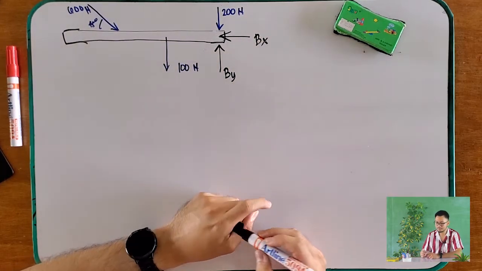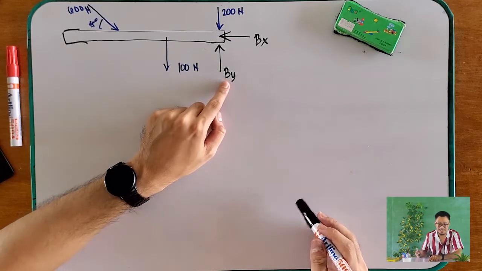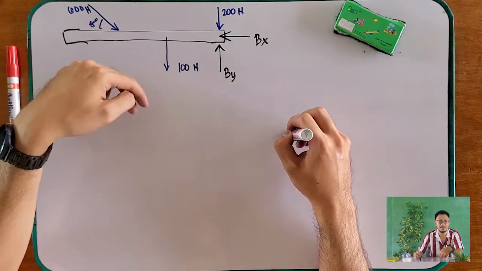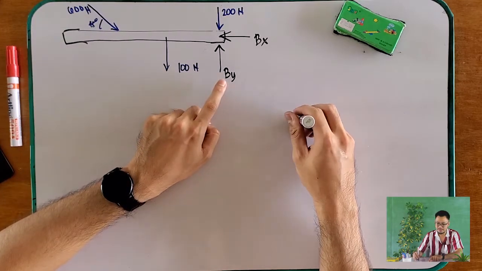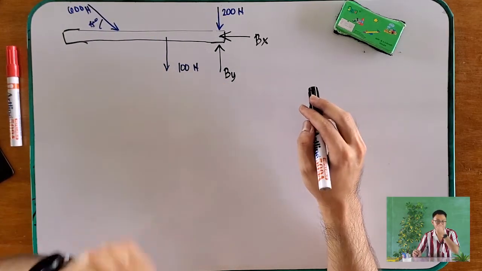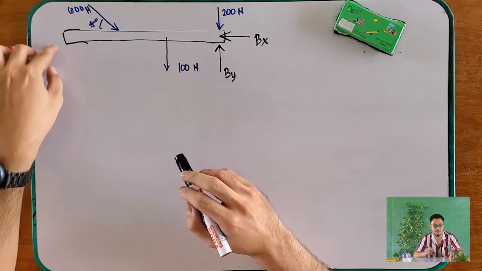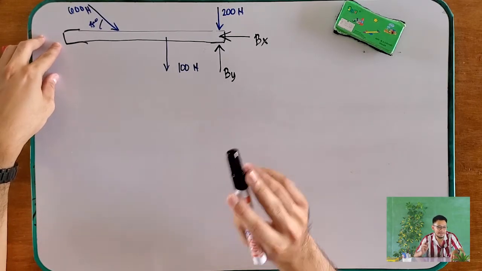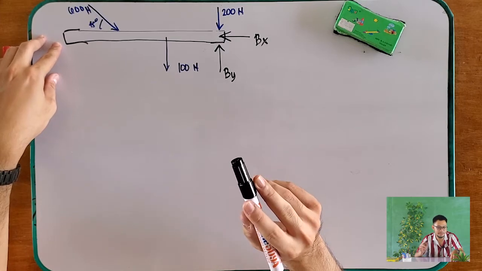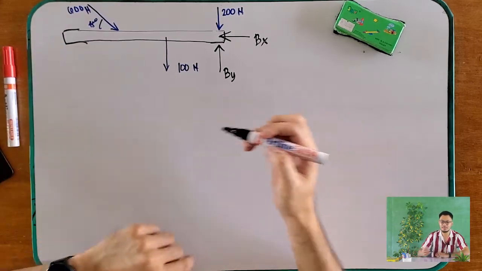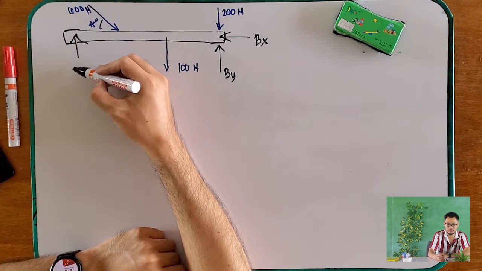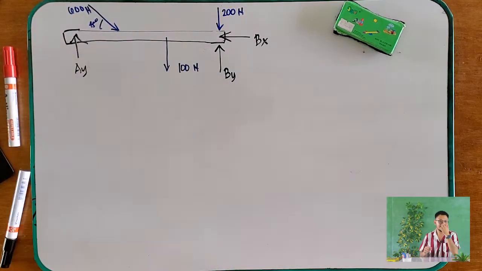The same with BY: since all your forces, 200, 100, and 600 newtons, are going down, to support them your BY should be going up. And for your rocker support, it is the same as your roller support, so it only supports the Y component. This is AY.